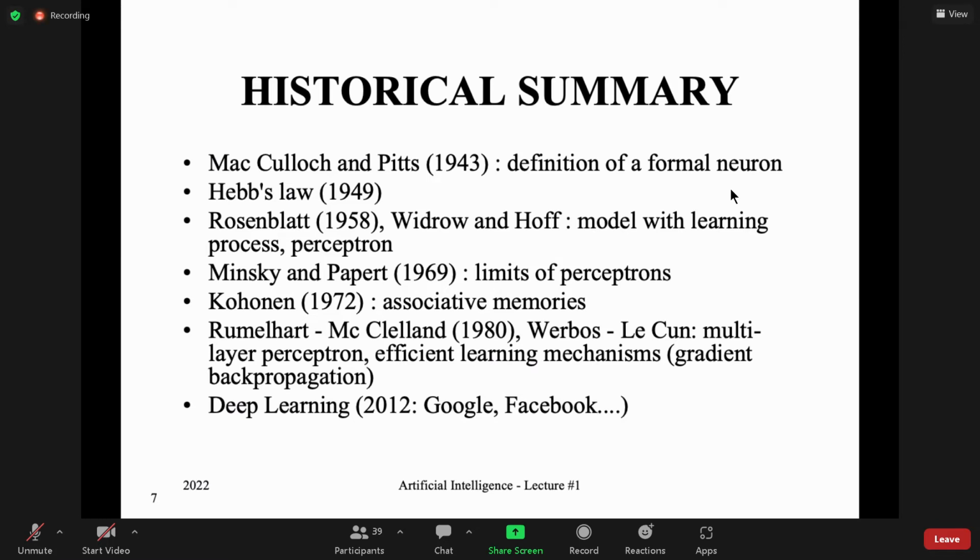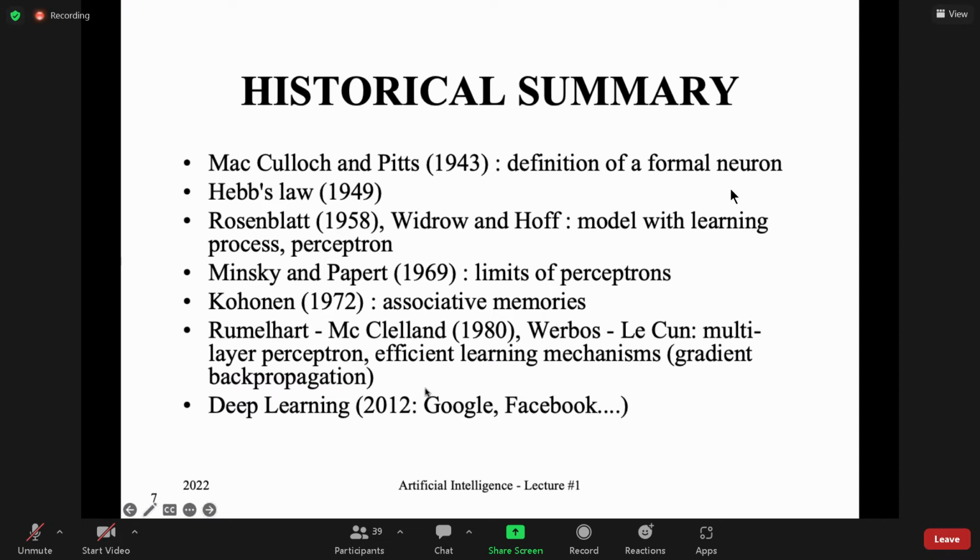Okay, and from the 1980s until 10 years ago, at the beginning of the 2010s, so exactly in 2012, during 30 years, a lot of people, and I was one of them, tried to use multi-layer perceptrons, but during this period between the 1980s and 2010, performances were not so good.